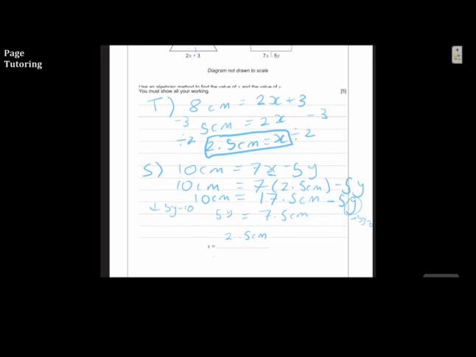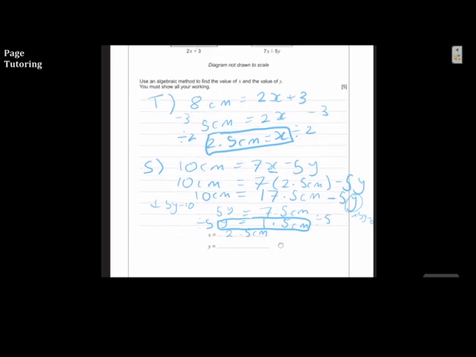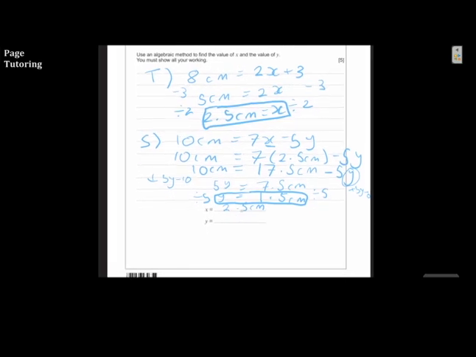So 5y. Now we just need to divide by 5, so then we get y equals 7.5 divided by 5. So that is just 1.5 centimeters. So I'm going to box that off there. You can write it at the bottom here.